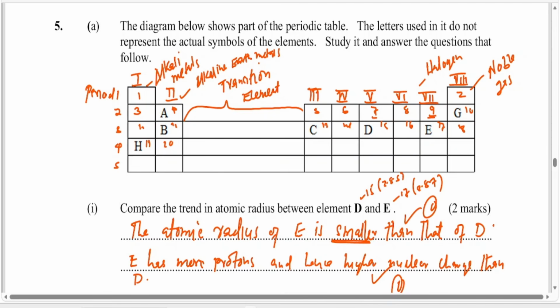The most electropositive is the one that has the tendency to lose electrons, and most of the time it is the most reactive metal.